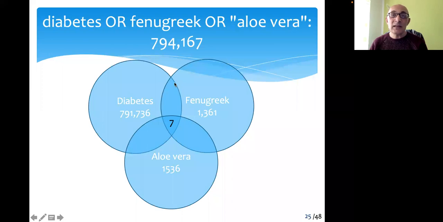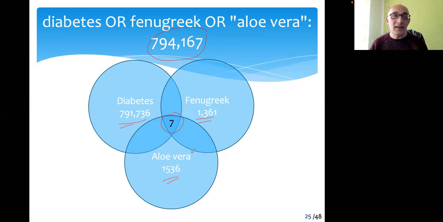So you could easily guess that we may draw a Venn diagram showing all these together. This above is the number of hits when I used the OR option, and when I used only diabetes, only fenugreek, only aloe vera, I would have these separate numbers of articles returned. And here is the intersection, the 7, which include diabetes and fenugreek and aloe vera.